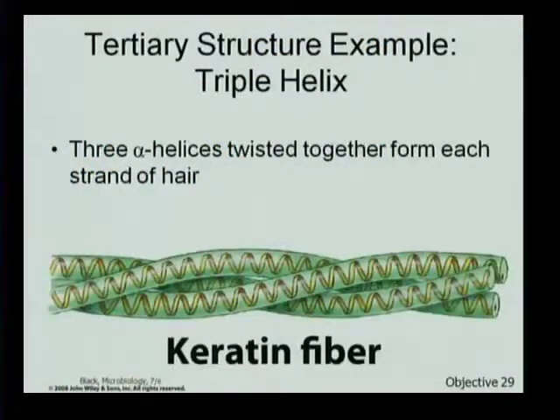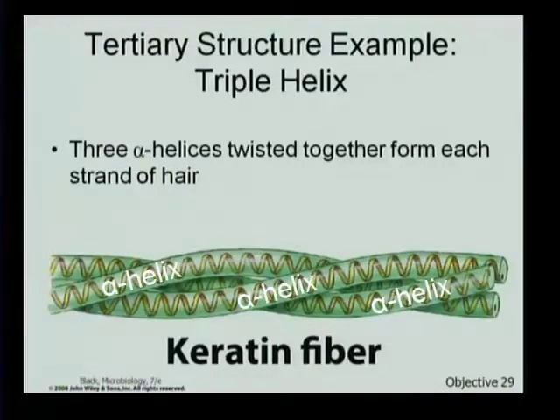Let's look at another concrete example of a tertiary structure. This is the triple helix that we find in keratin fibers. Notice that each one of these protein strands is made up of a long continuous alpha helix.